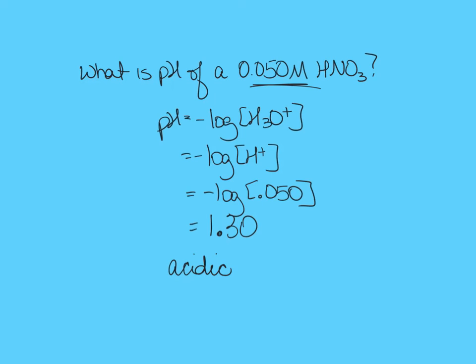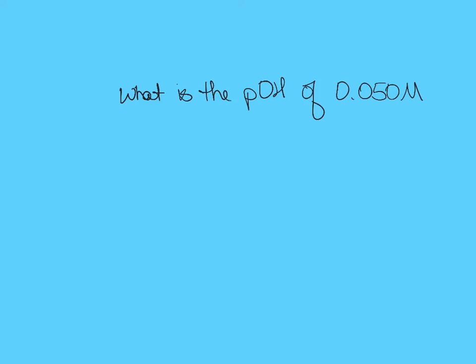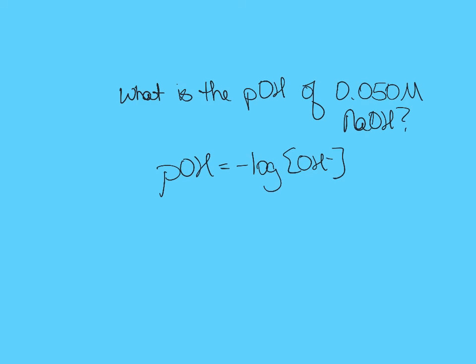But remember, if p is just a mathematical expression, I could also ask you, what is the pOH of 0.050 molar NaOH? pOH is going to be the negative log of the OH- ion concentration, which I know is up here.